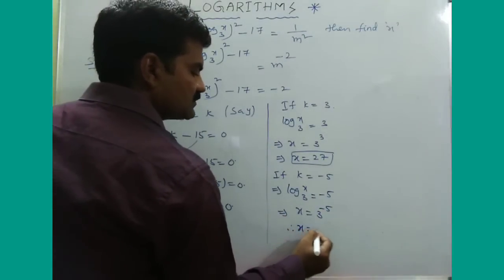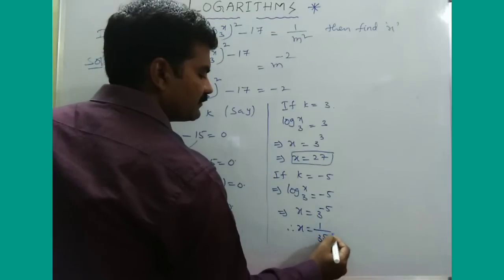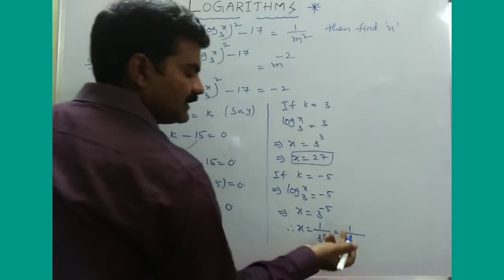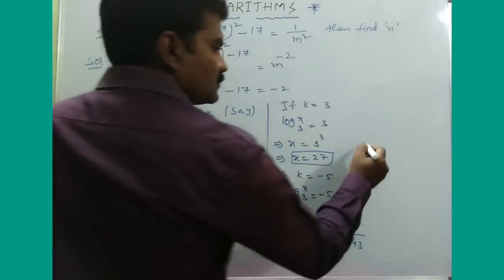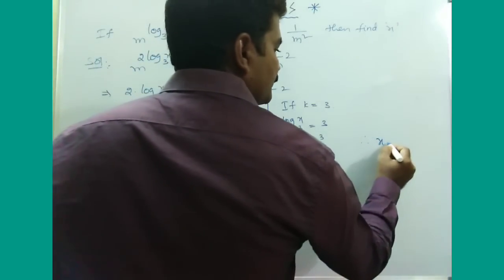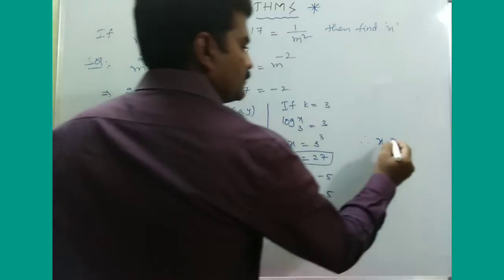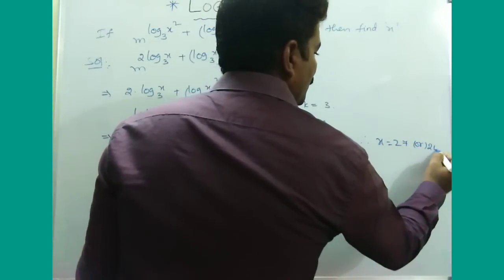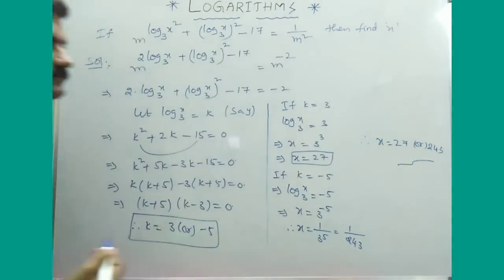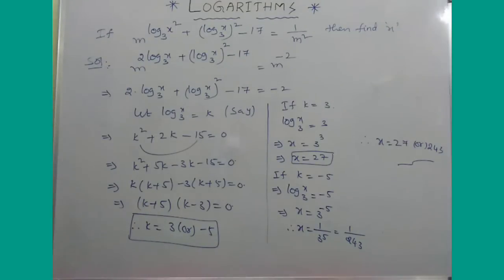Therefore x is equal to 1 by 3 to the power of 5. 3 power 5 is nothing but 243. So we have two values for x. X can be 27 or 1 by 243. See, the question is about logarithms and quadratic equations.